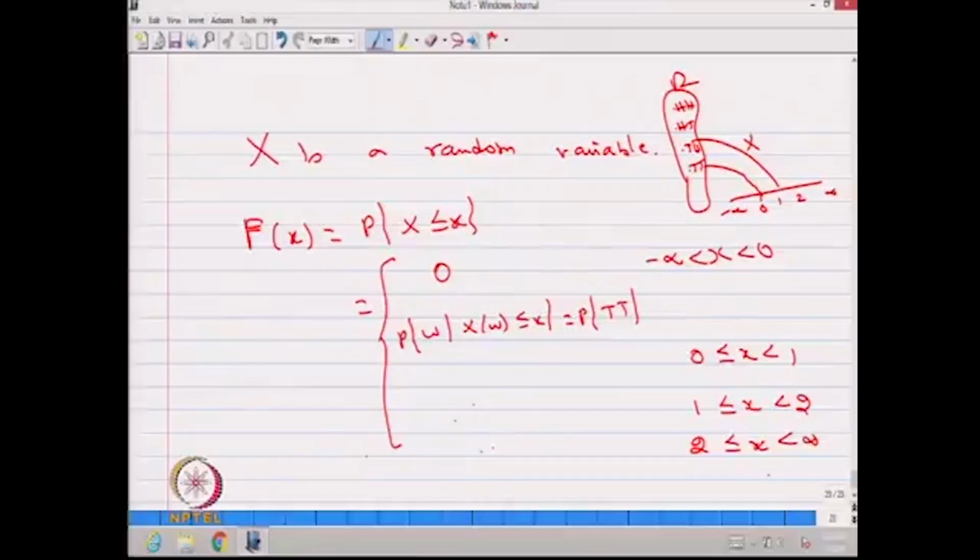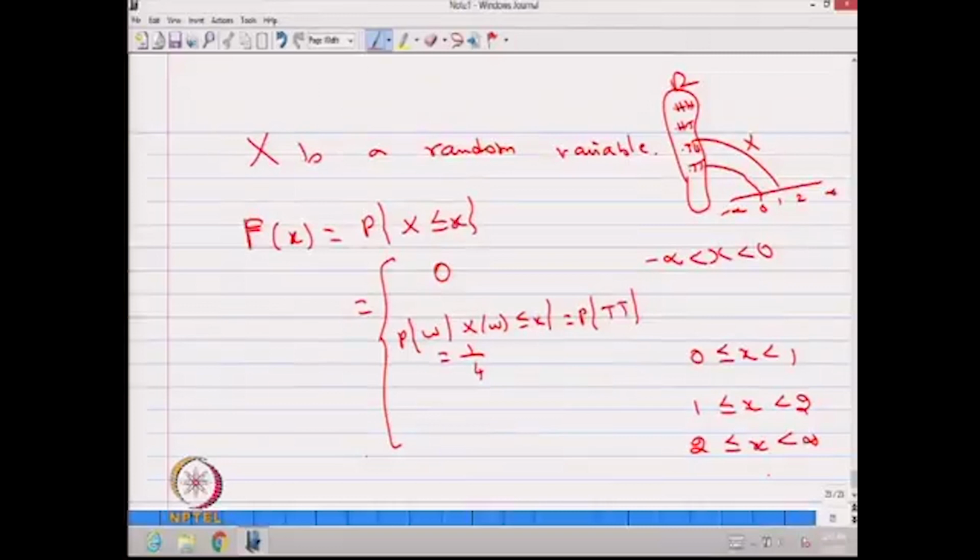Therefore, it is going to be 1 by 4. The probability of obtaining a tail in one toss is 1 by 2, and the probability of getting another tail is 1 by 2. Therefore, it is a probability of 1 by 4 of getting a tail.